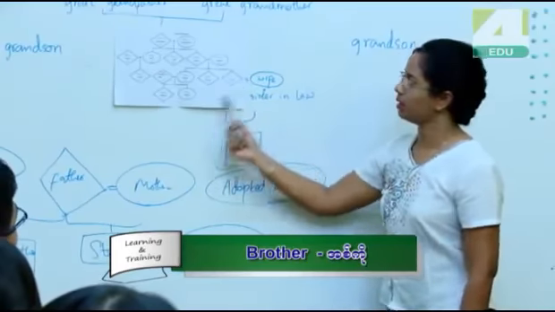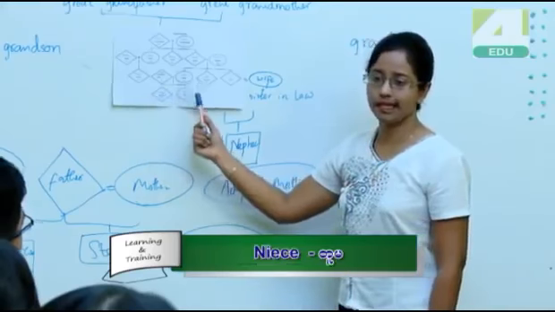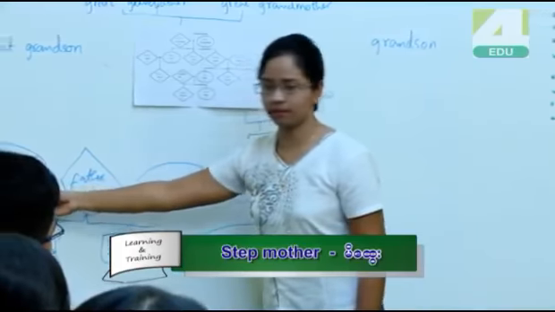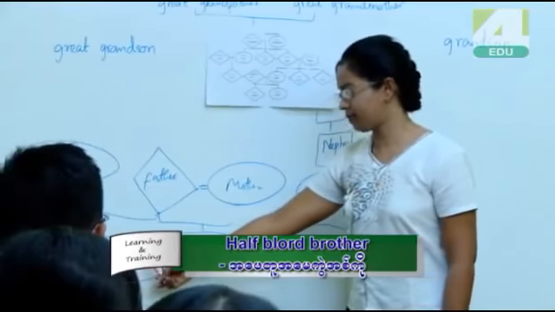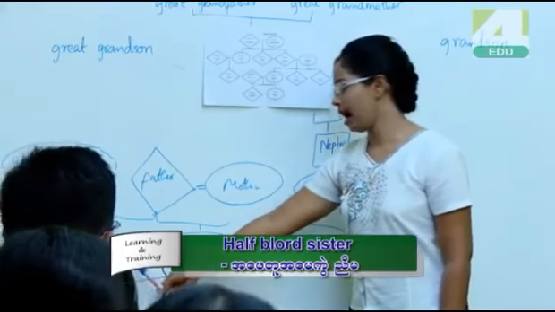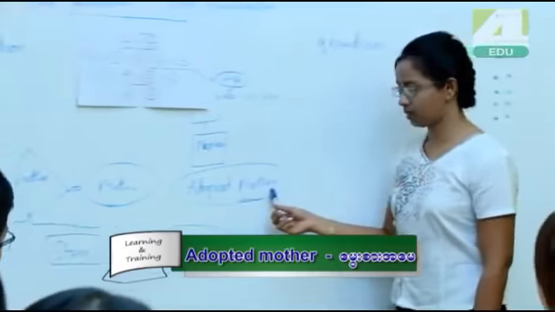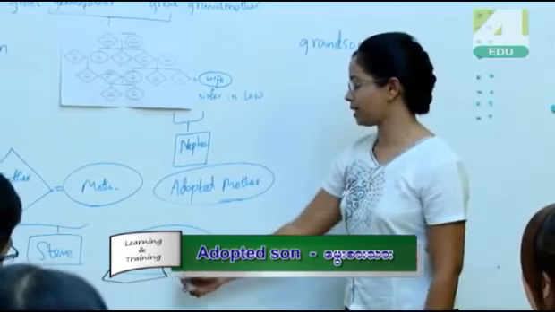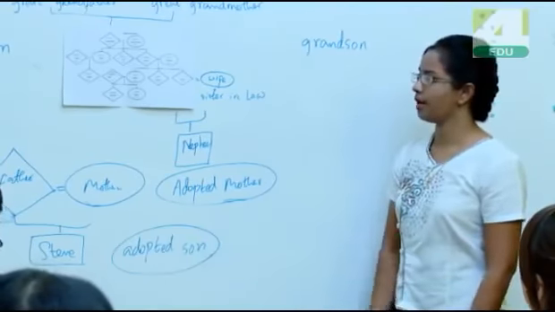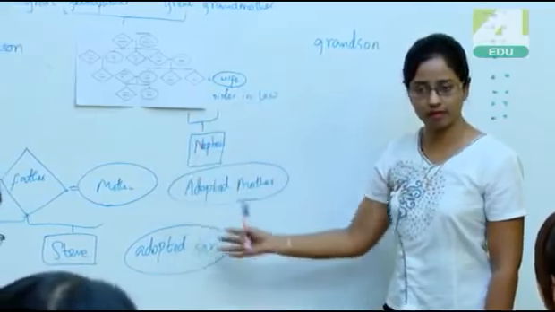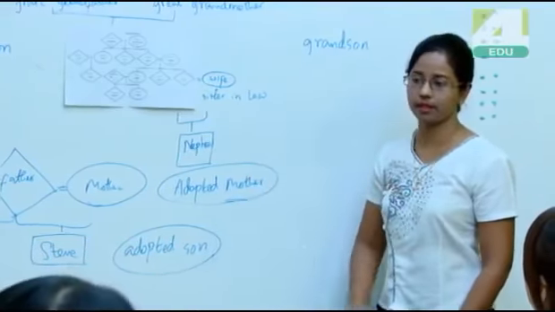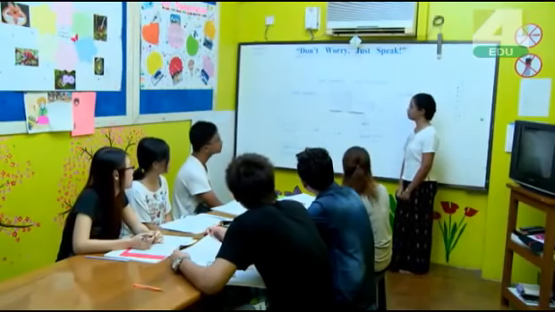Brother. Nephew. Niece. Stepmother. Half-blood brother. Half-blood sister. Adopted mother. Adopted son. Okay, so now do you understand about Steve's family tree? Do you understand? Yes, so thank you.